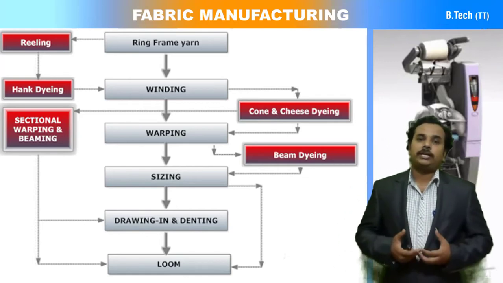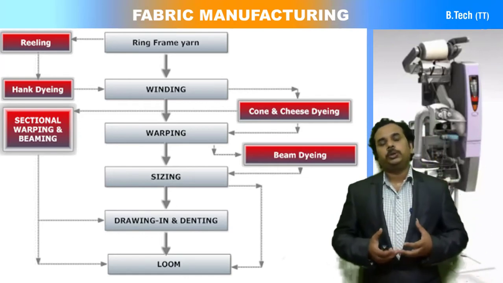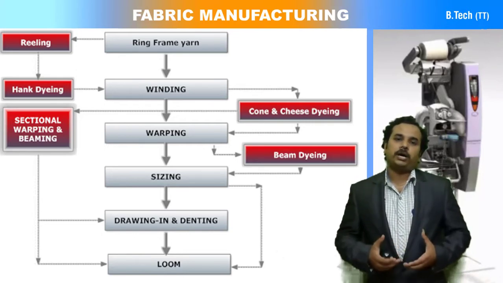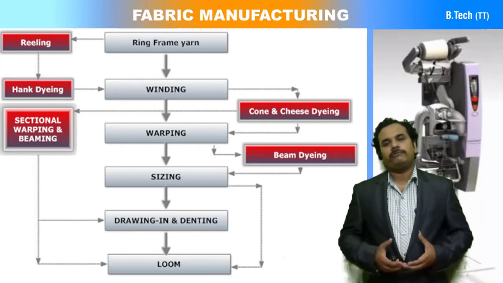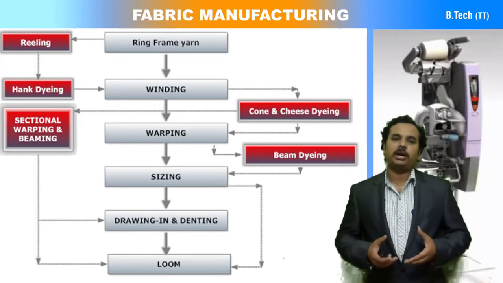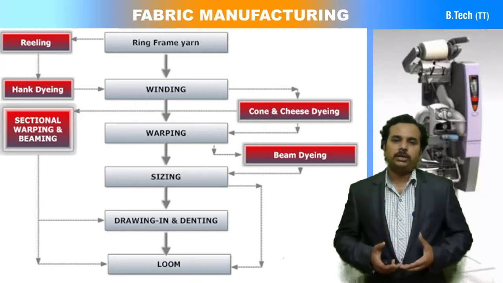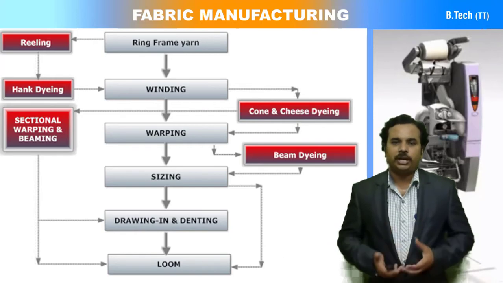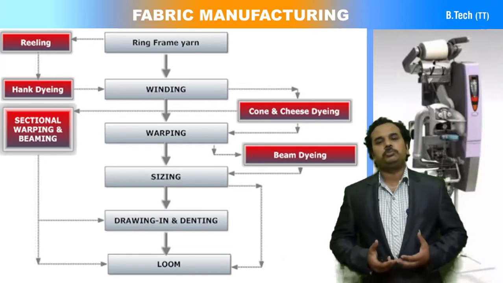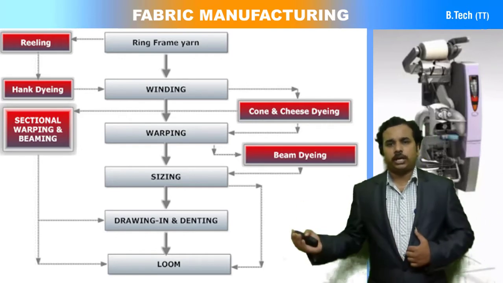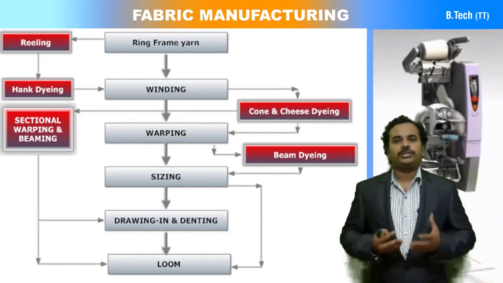Inside the shuttle we keep the pirn, which has a weight of approximately 80 grams. This shuttle travels from one side of the shed to the other side of the shed in the case of shuttle looms.